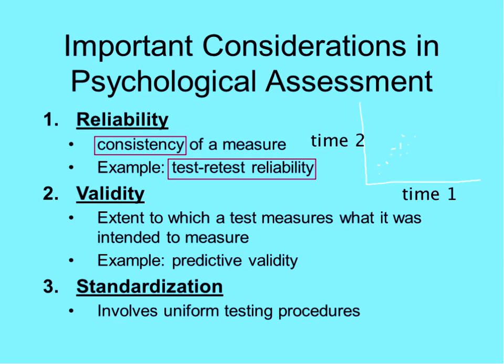We should get something that looks like this, where the folks who score higher at time 1 tend to score higher at time 2 as well. And this person down here who scored pretty low at time 1 also scores pretty low at time 2.